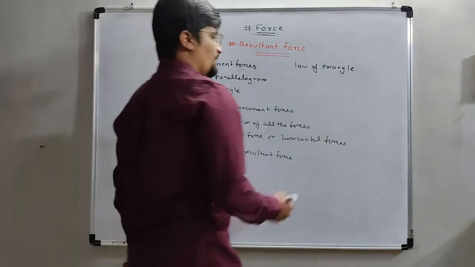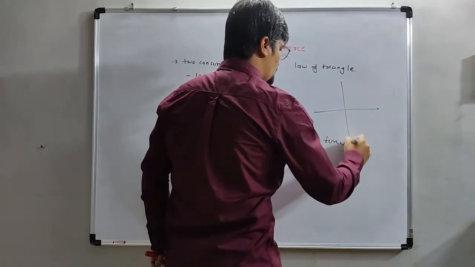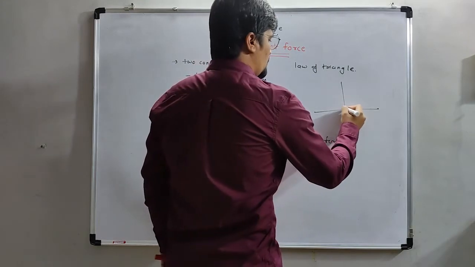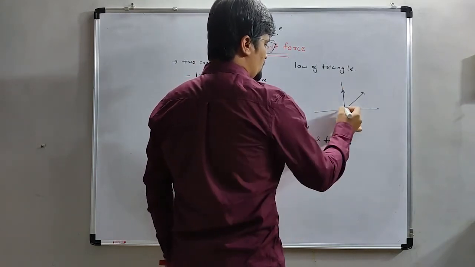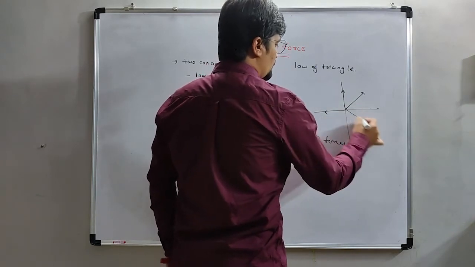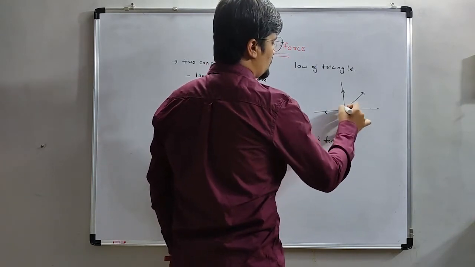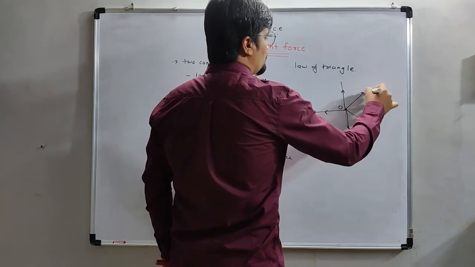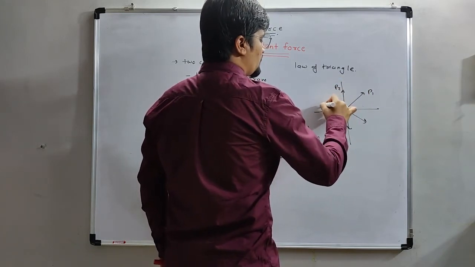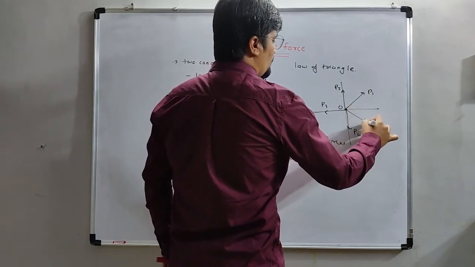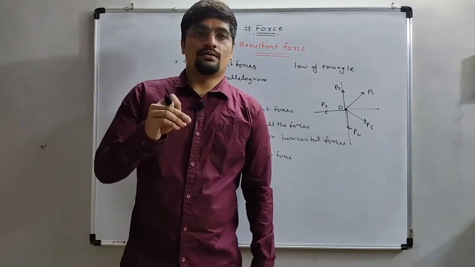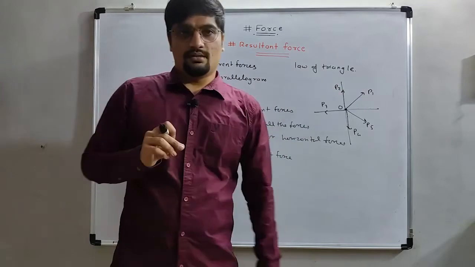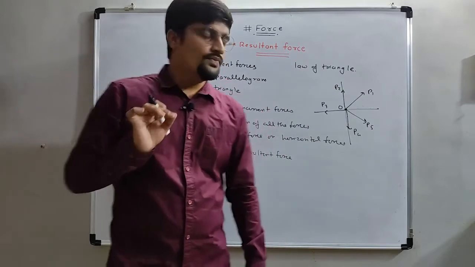Means, if I am drawing one plate, the force is acting here, here, here, here, and here. It's one point, but P1, P2, P3, P4, P5, these all five concurrent forces are acting on the plate from one point.